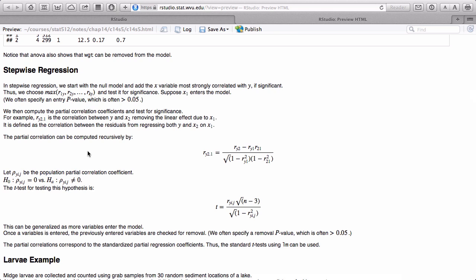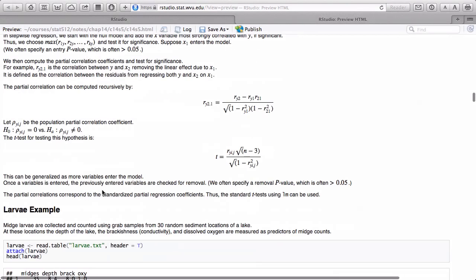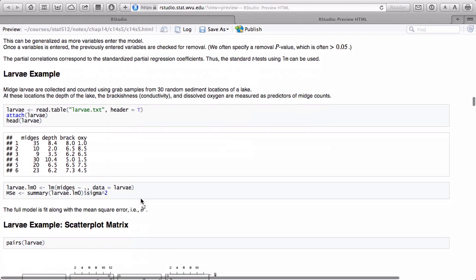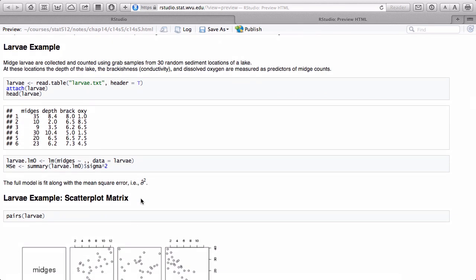But the point is, we can compute the partial correlations. Now, R doesn't actually quite do it this way. It's equivalent to this, however. And then we can do t-tests to determine which variables we should enter, or once we've entered, should we take any out. I think the best way to understand this is to look at how R does it, and we're going to look at a slightly bigger example.